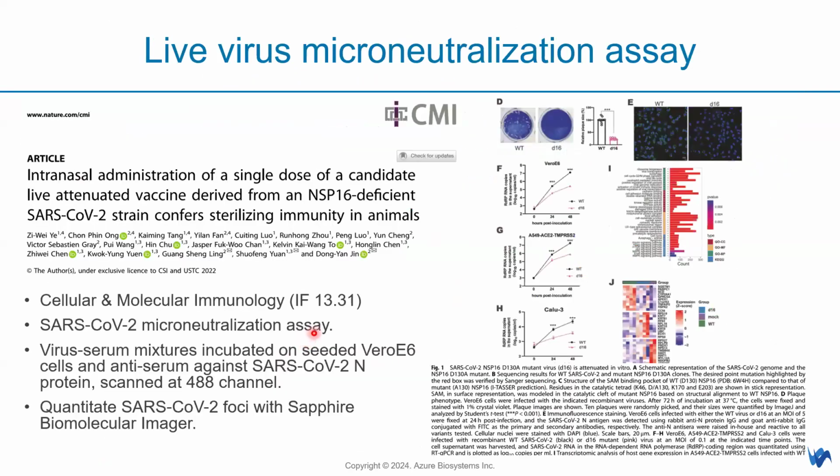Again, another one, live virus microneutralization assays. So you can look at the publications to see how they prepare this. They already have a standard protocol to do that. And then I think D is the example of how they look at it.